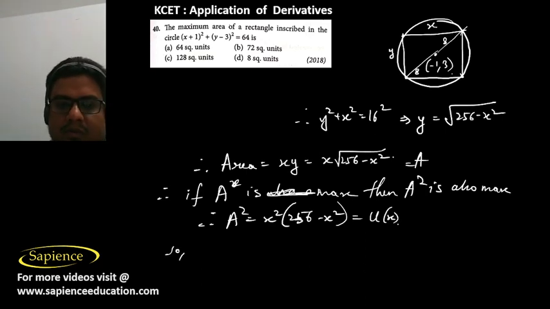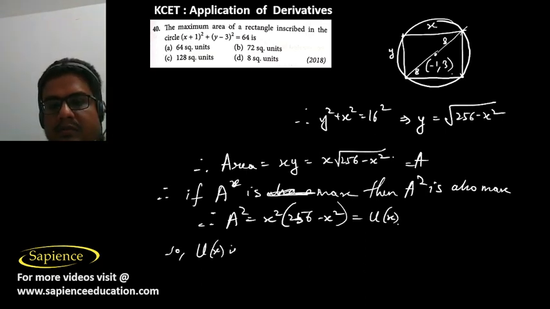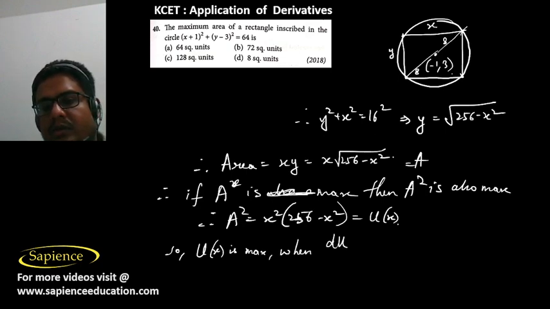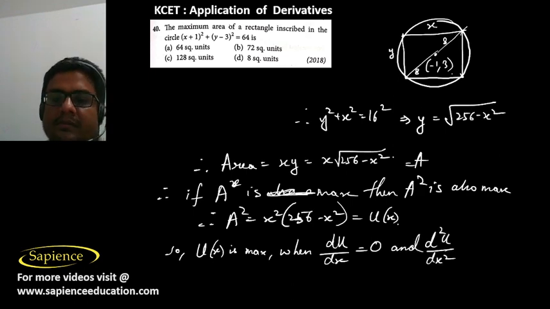The function u of x is maximum when du by dx is equal to 0 and d square u by dx square is less than 0.